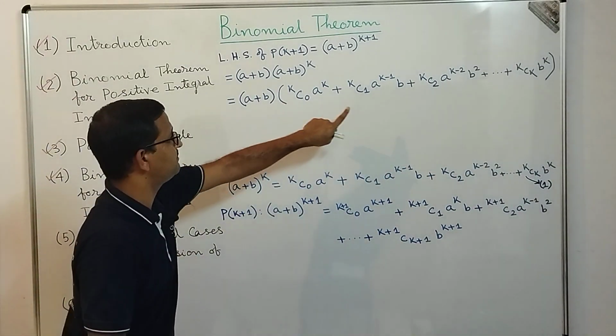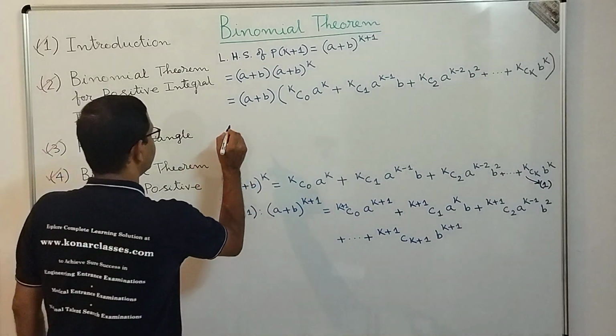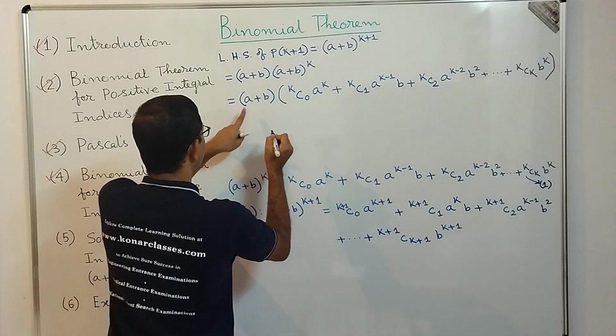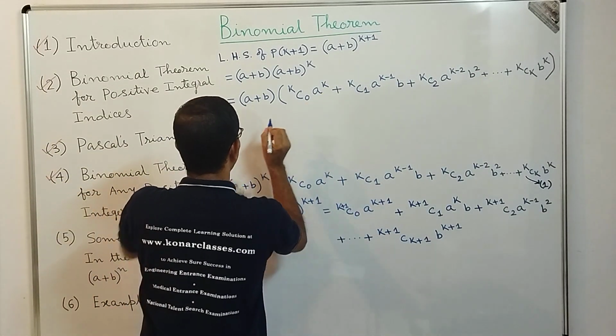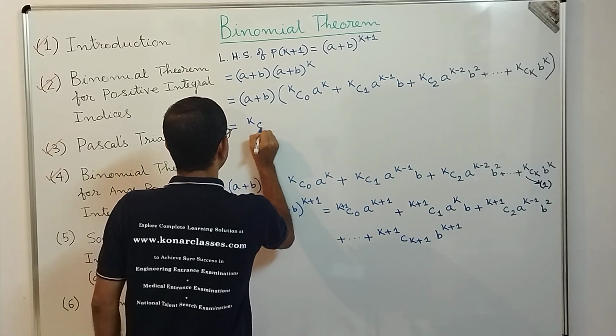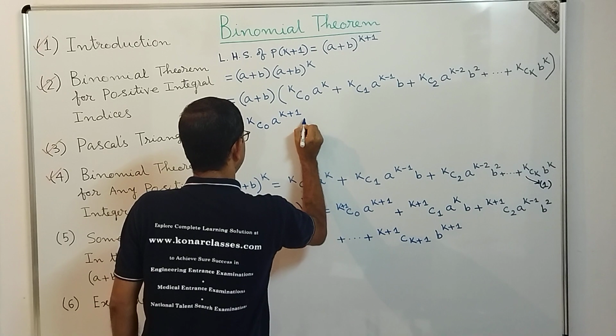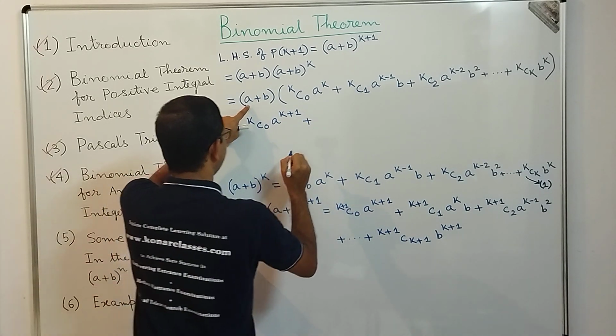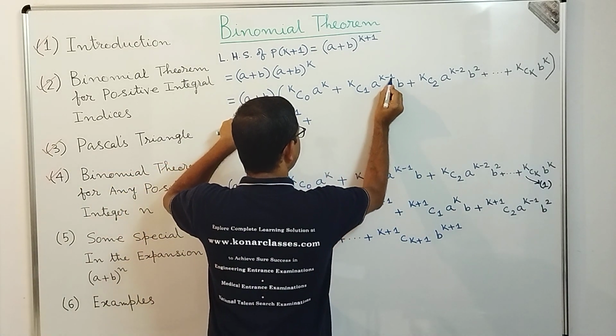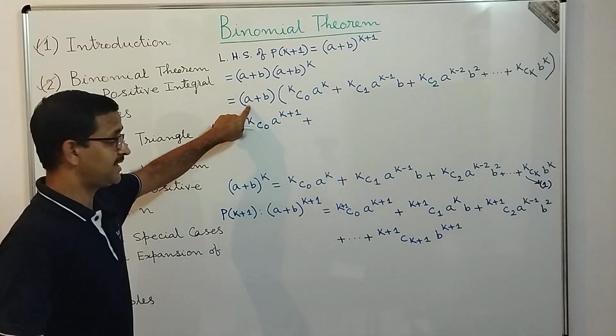So we are going to multiply. If we multiply, what are we going to get? So this is equal to a into kC0 into a^k, that means kC0 into a^(k+1), plus a into a^(k-1), that means a^k.